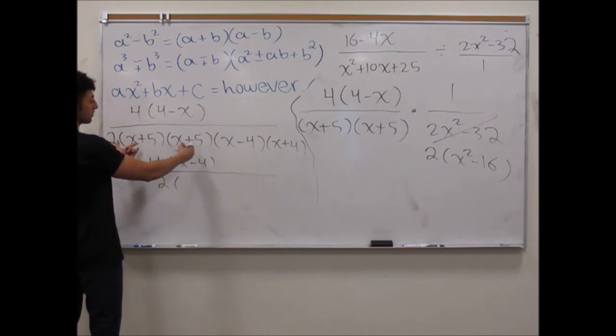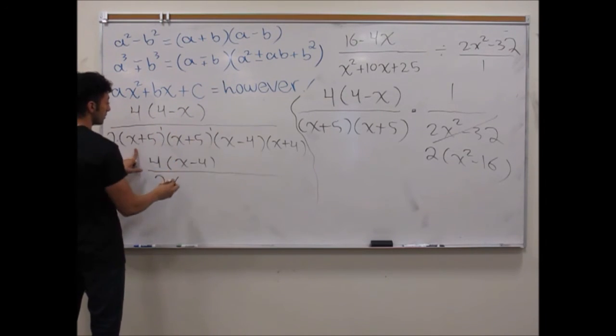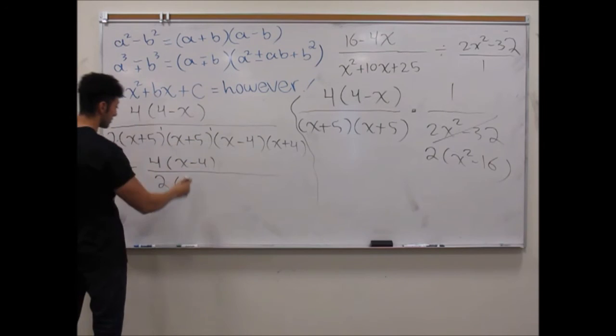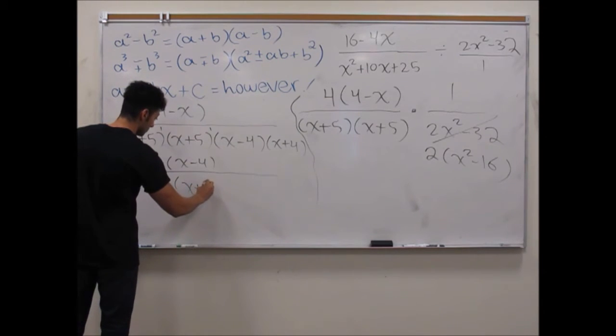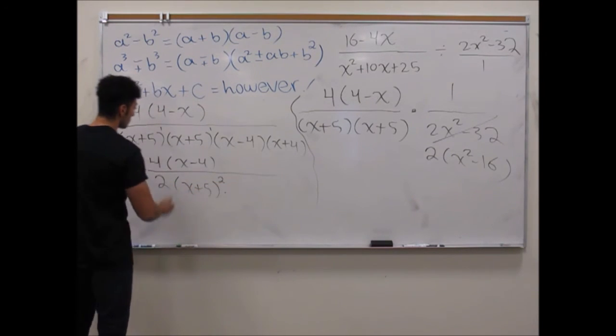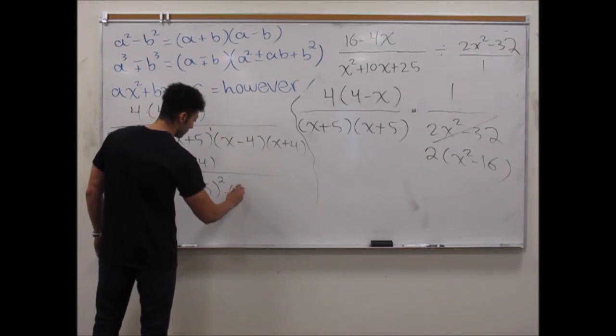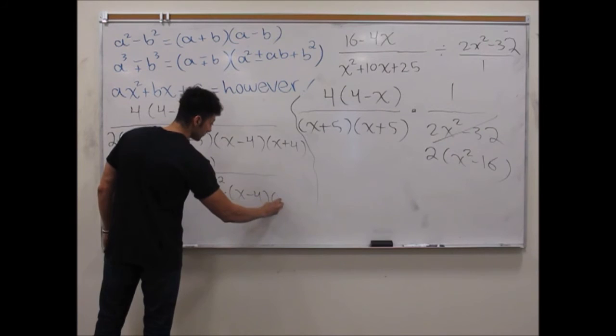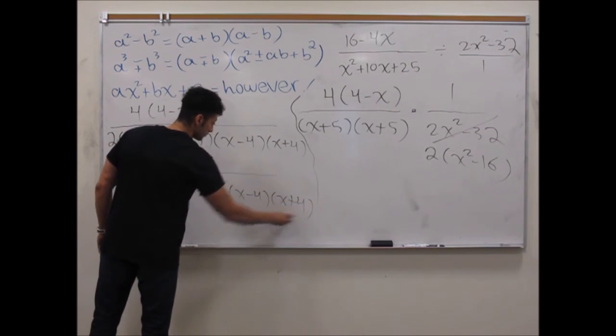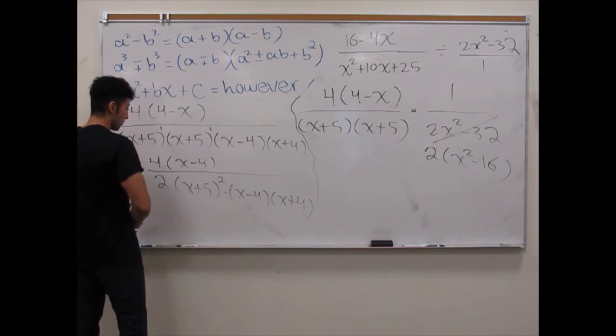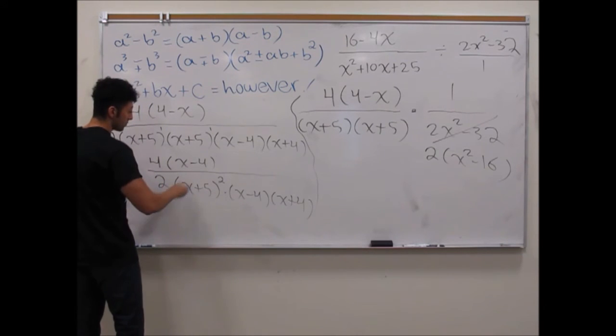And then these x plus 5 don't look like they're going to cancel with anything. Since they're to the first power, when you have the same base, you add the exponents. Or we have 2 of these quantities, whatever. And then this is x minus 4, and that's x plus 4. So the great thing that happens is that these x minus 4's cancel out.